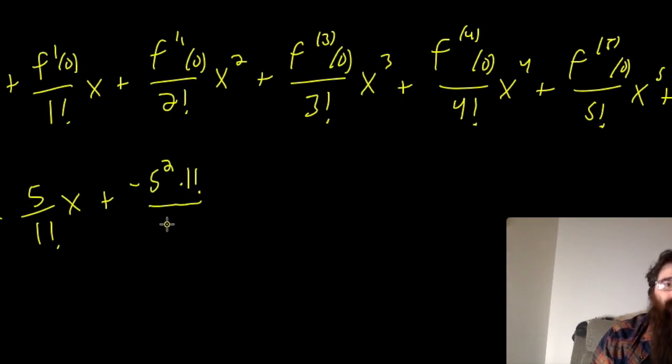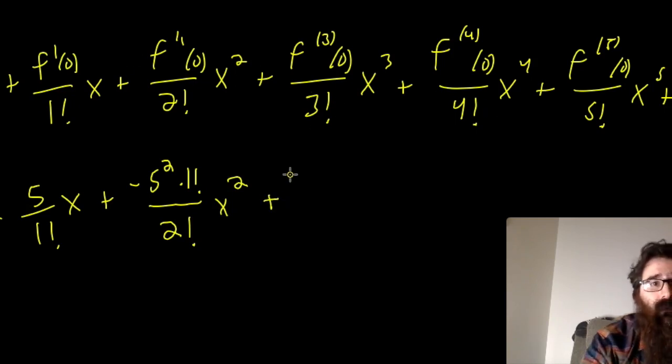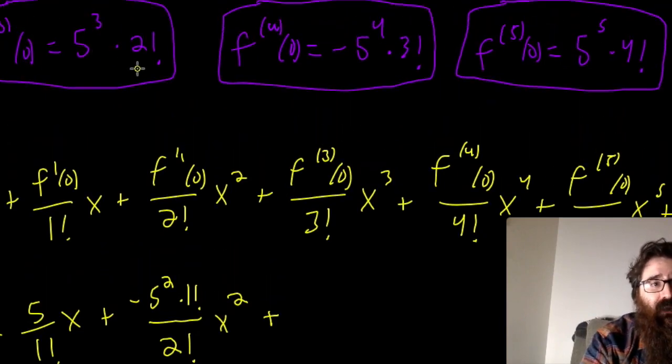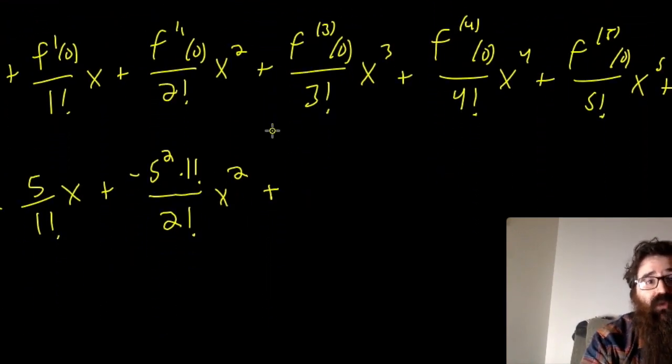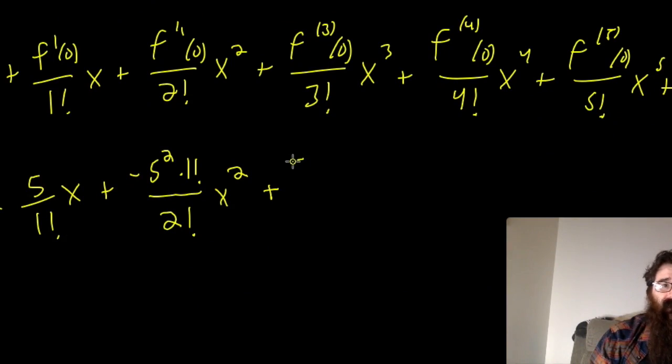But I have to remember, divide by 2 factorial, multiply by x squared. I'm responsible for dividing by the factorials, multiplying by the power terms. The third order derivative at 0 was 5 cubed times 2 factorial. So that's on the top there, 5 cubed times 2 factorial.